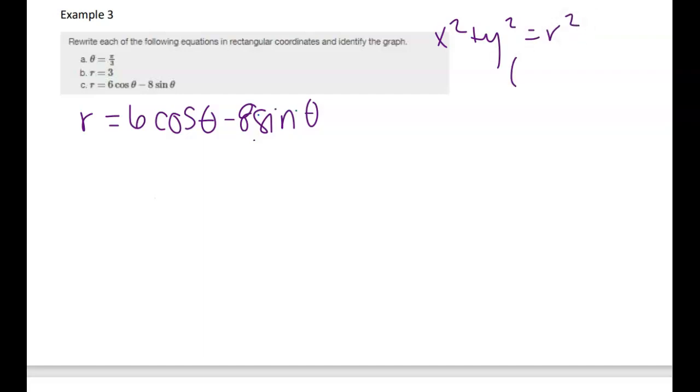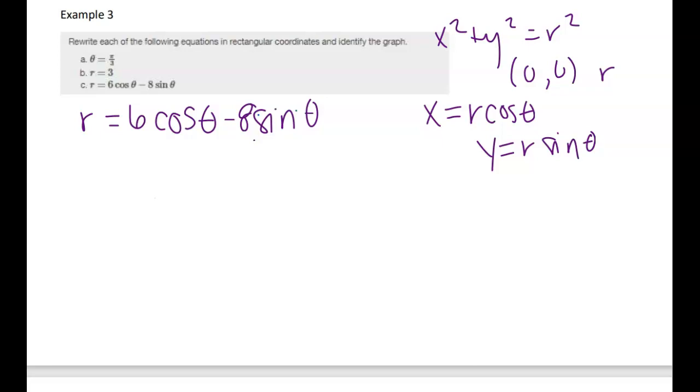And that's a circle centered at 0, 0 with radius r, right? We also know that x is equal to r cosine theta and y is equal to r sine theta. Okay, those were some of the identities we looked at the very beginning of this video.